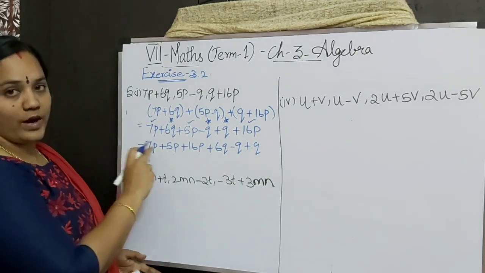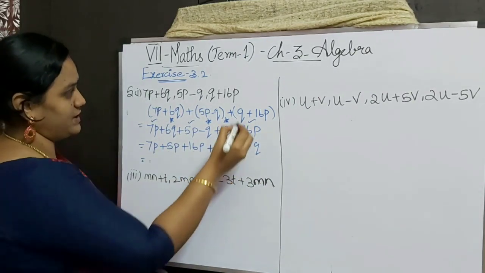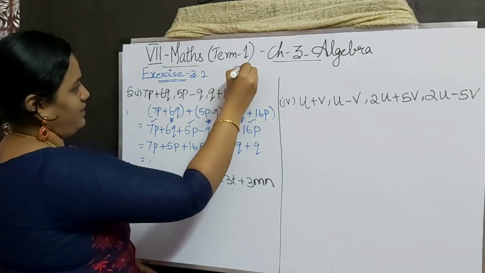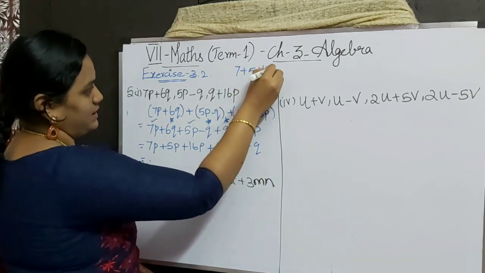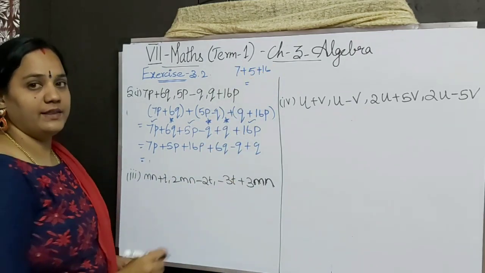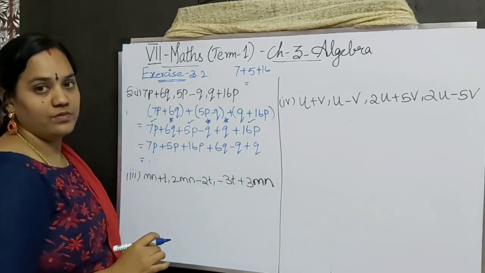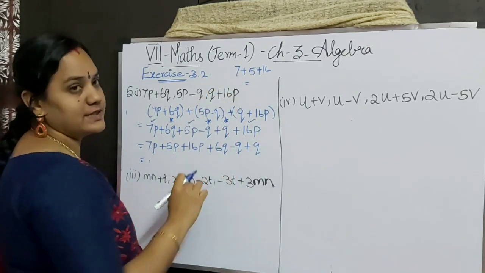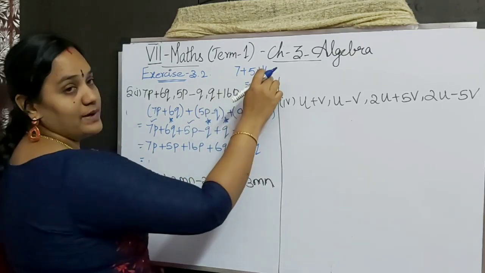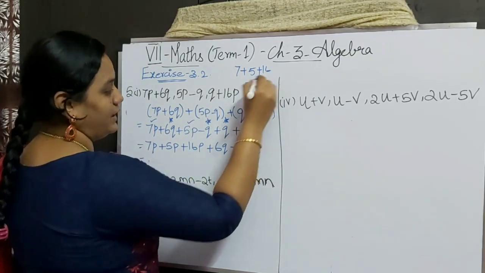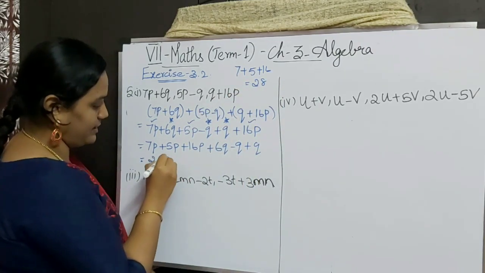Here we have the coefficients of p: 7 plus 5 plus 16. Shall we add this? 7 plus 5 is 12. 12 plus 16 is 28. So 28p.